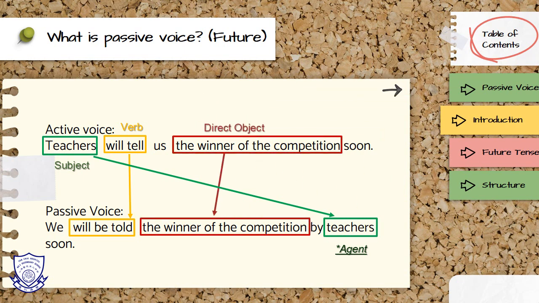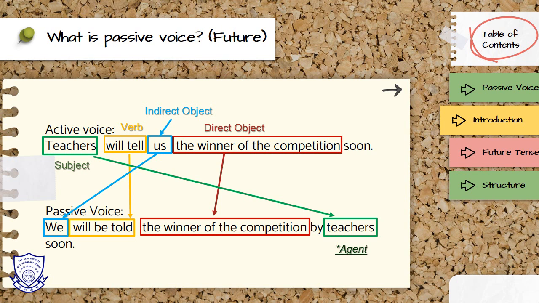And then we have actually two objects in this sentence. The first one is the winner of the competition. That is the direct object, the piece of information that the sentence is about. And then we also have an indirect object, and that is us.